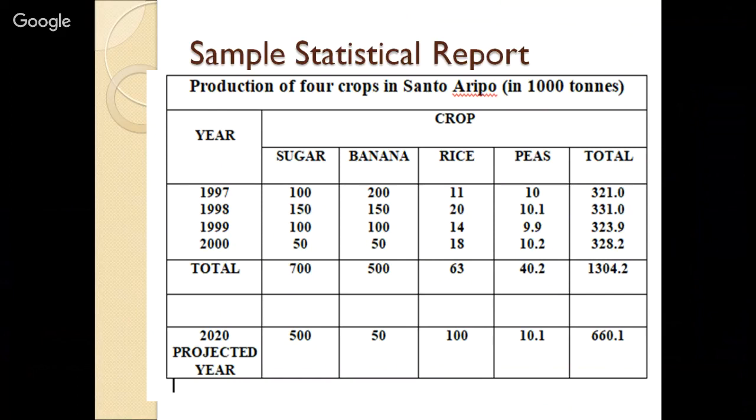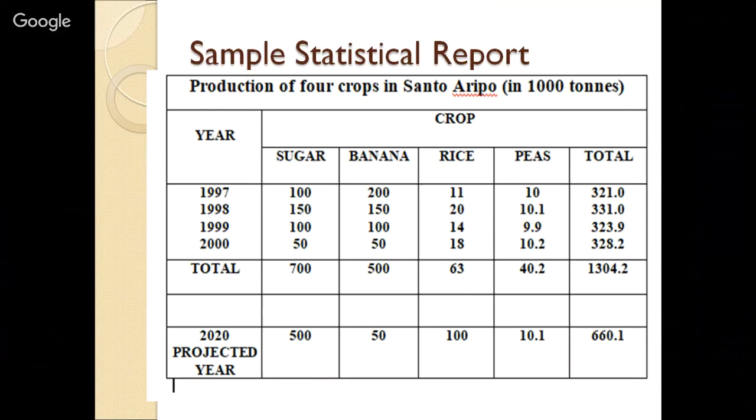Or, for example, if you have figures like 10, 10, 10, 10, and then you have a figure of 20 at the end, the overall trend would still be consistent, right? So you are correct. The significant figures are 10.2 in 2000 and 9.9 in 1999.